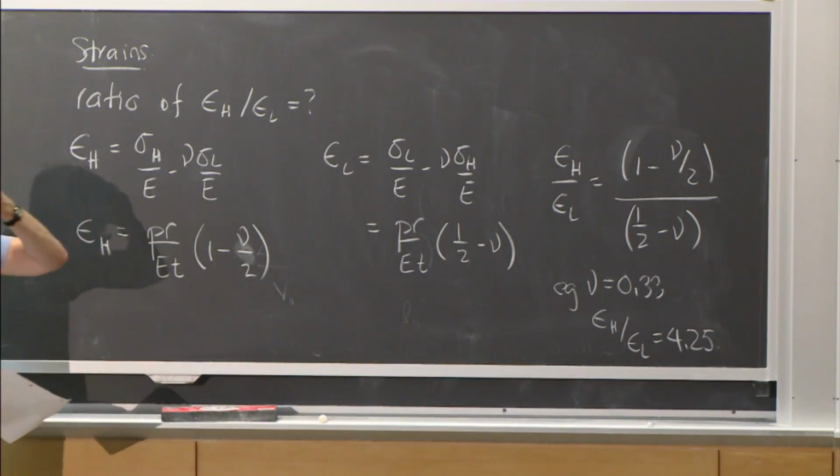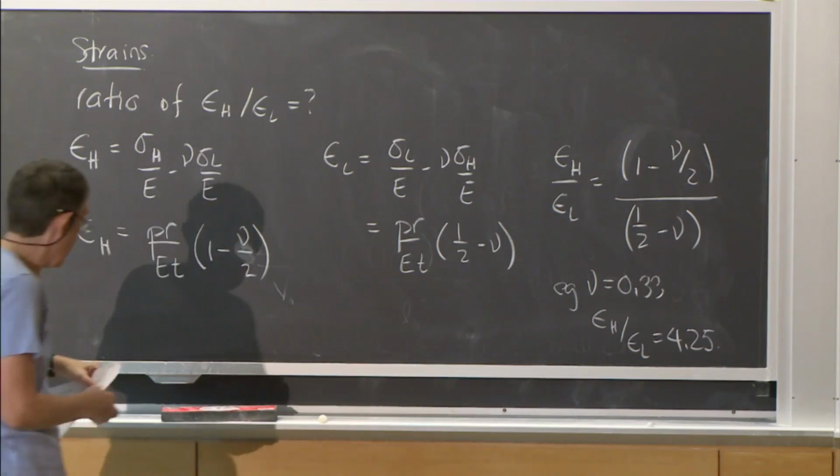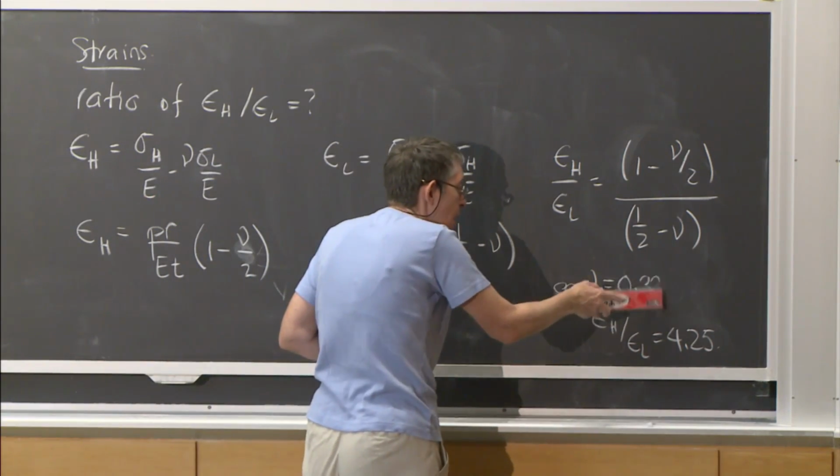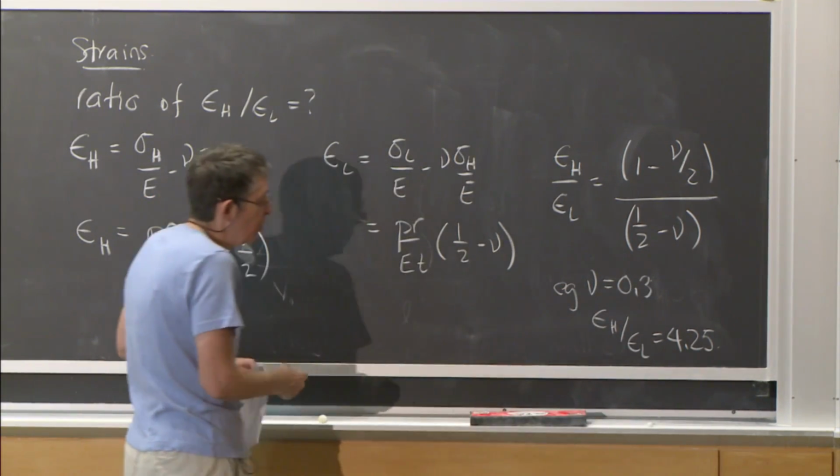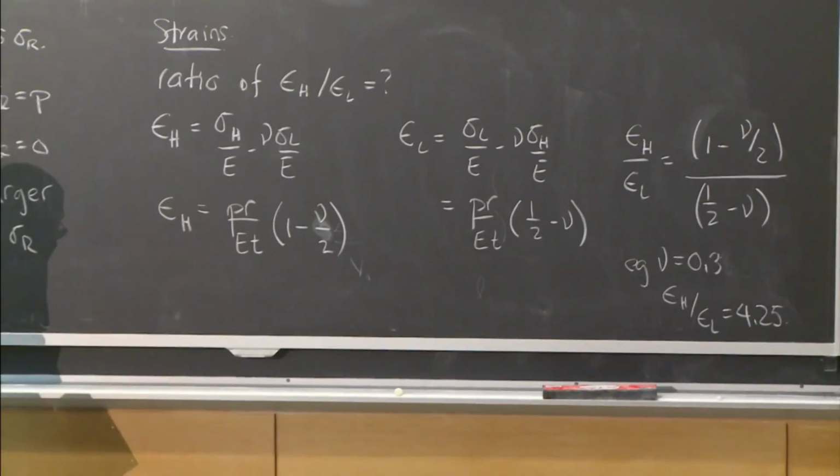And so if Poisson's ratio is 0.3, then the ratio of the two strains is 4.25.